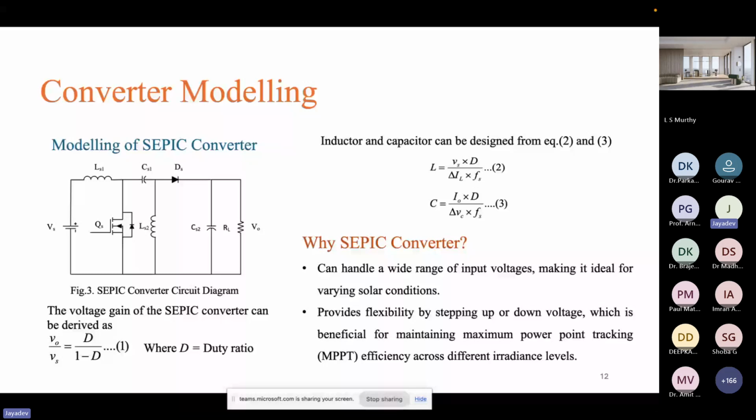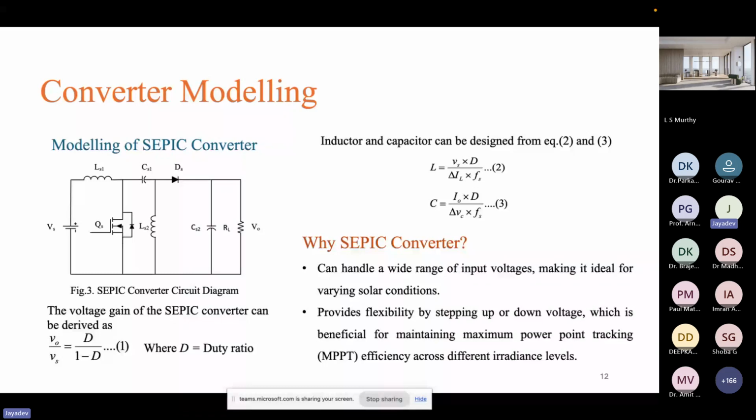Similarly for the capacitance. For the capacitance, you choose a del VC, meaning a percentage of your output. Normally we choose around 3 to 5% of the average voltage, and we design the capacitance value for that.